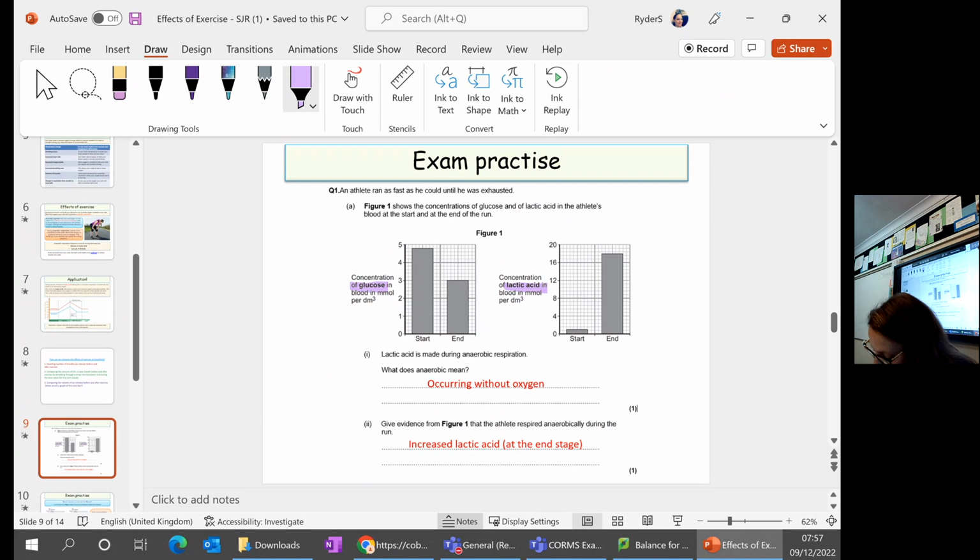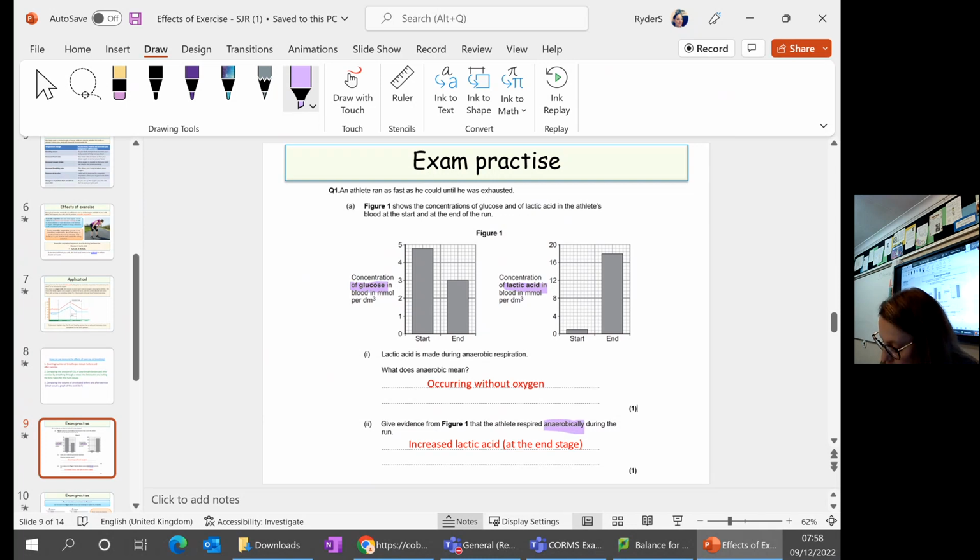The next question asks for the evidence from figure 1 that the athlete respired anaerobically during the run. So you have to say from here the evidence, and this is where we're looking, okay? Because glucose is used in both types of respiration, I can't just say, oh, the glucose decreased, because that's not necessarily evidence for anaerobic respiration specifically, okay?